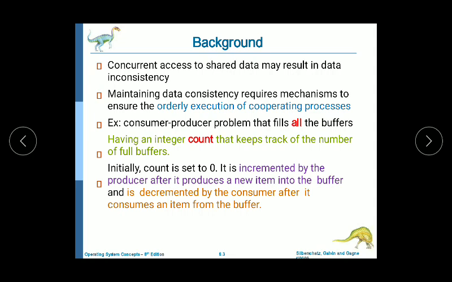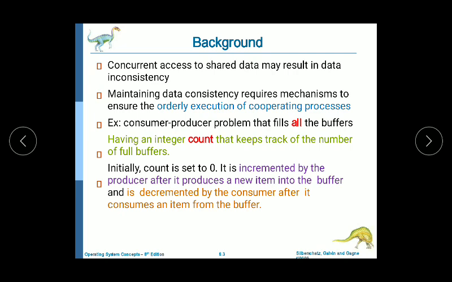We developed a model of a system consisting of cooperating sequential processes or threads all running asynchronously and possibly sharing data. We illustrated this model with the producer-consumer problem, which is representative of operating systems. Producer is the process which is going to produce the item, and consumer is the process which is going to consume the items.